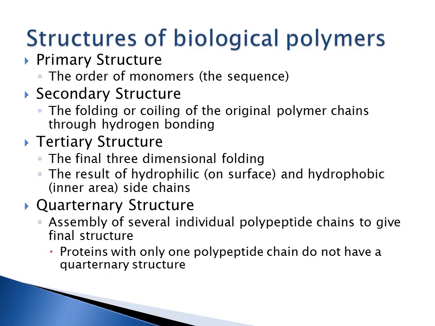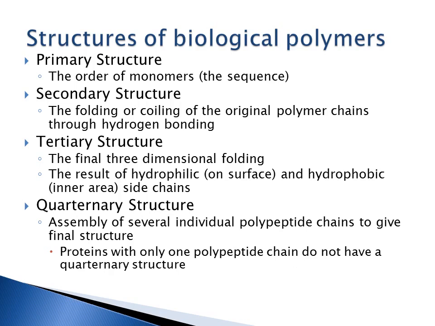So proteins have a primary structure, which is the order of the monomers or the sequence, a secondary structure, which is folding or coiling of the original polymer chain through hydrogen bonding, a tertiary structure where you get hydrophilic or water-loving molecules on the surface and hydrophobic or water-hating molecules on the inside.